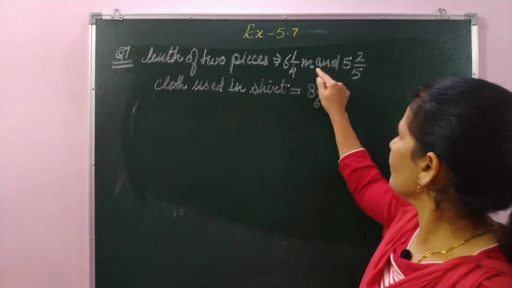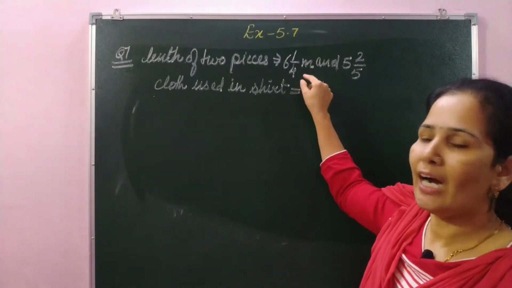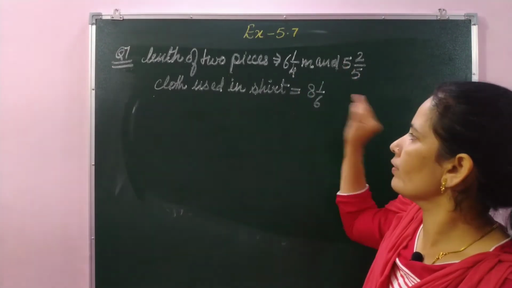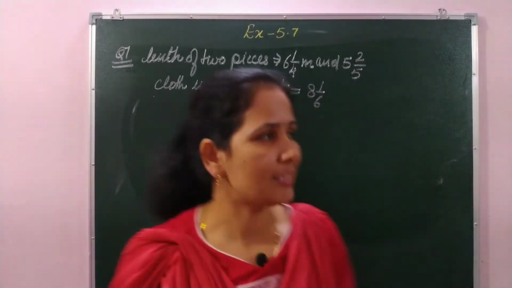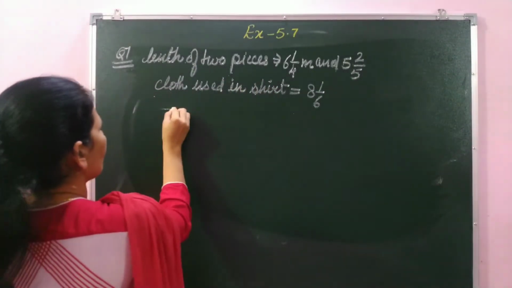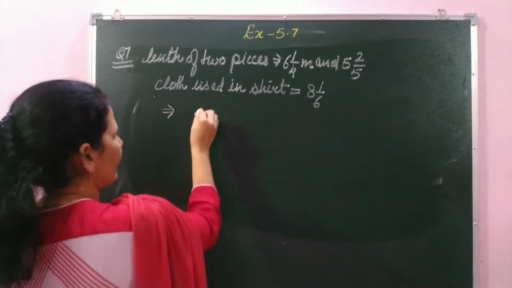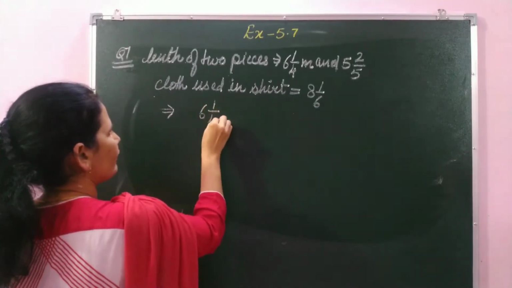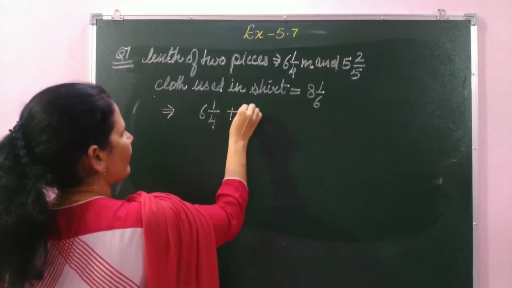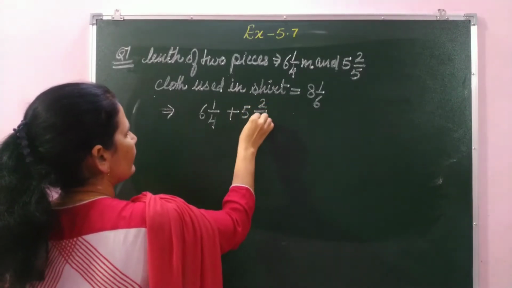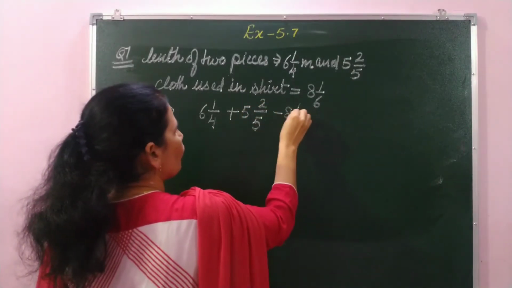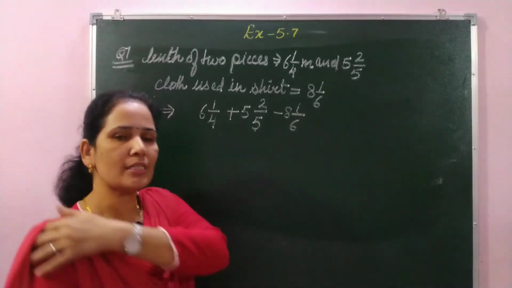So first of all, we find the addition of these 2, and from the sum of these 2, we subtract the third one. Okay, so let's see how. First of all, I am going to write it in simplified form: 6 1 by 4 plus 5 2 by 5, then minus 8 1 by 6. Okay students, now we have written this.